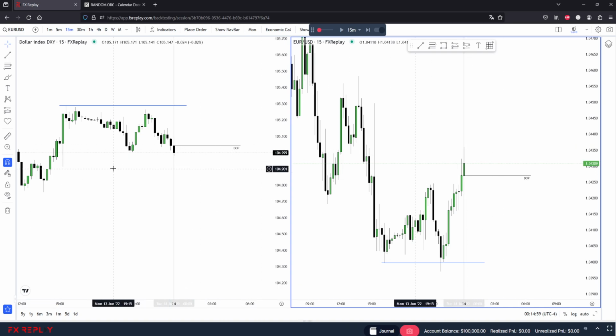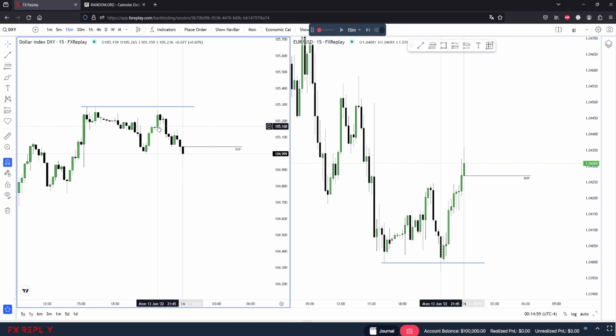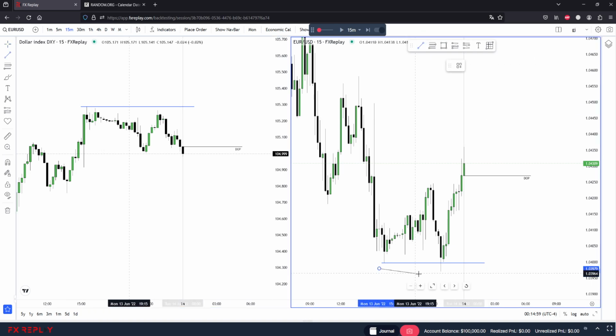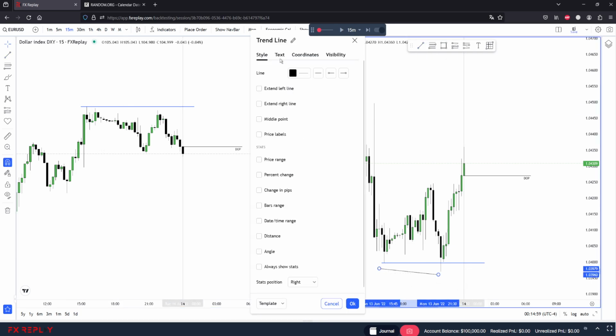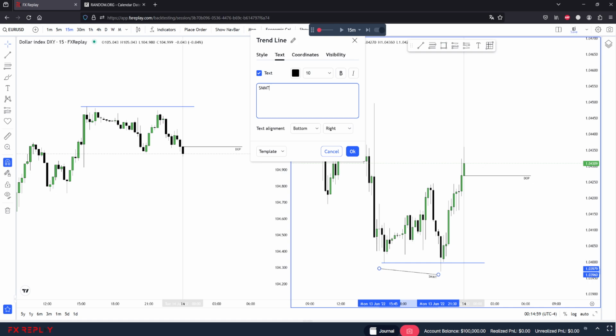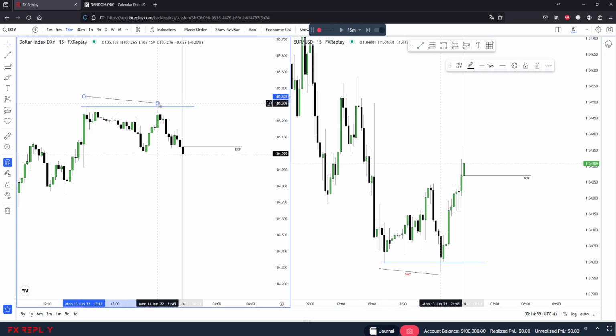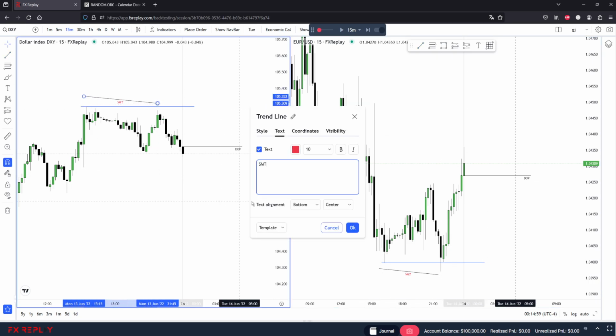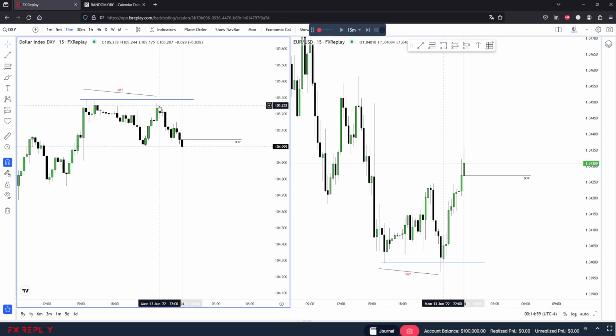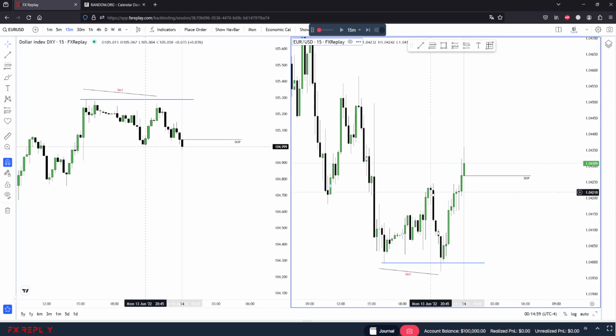Right? So now we have to determine, is there a 1 hour fair value gap where we can trade towards, right? It's SMT. Let's mark that out. And then we have SMT up here. Right, so SMT, yes. 15-minute structure shift, yes.